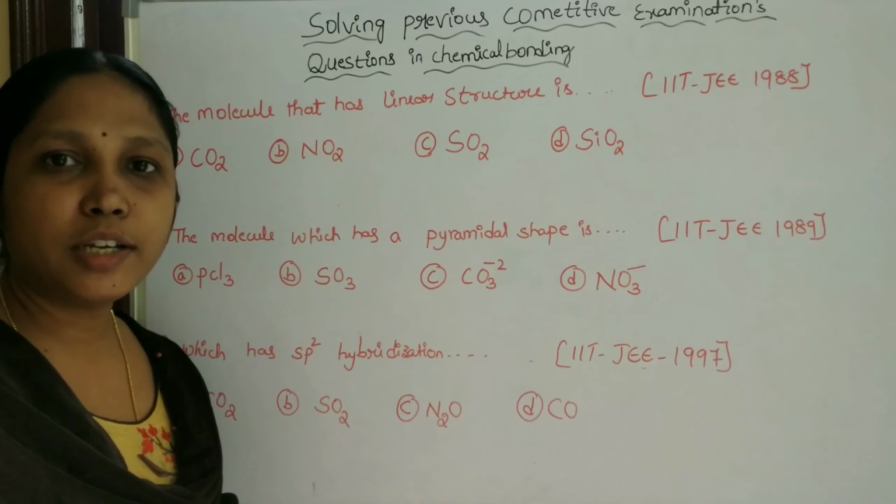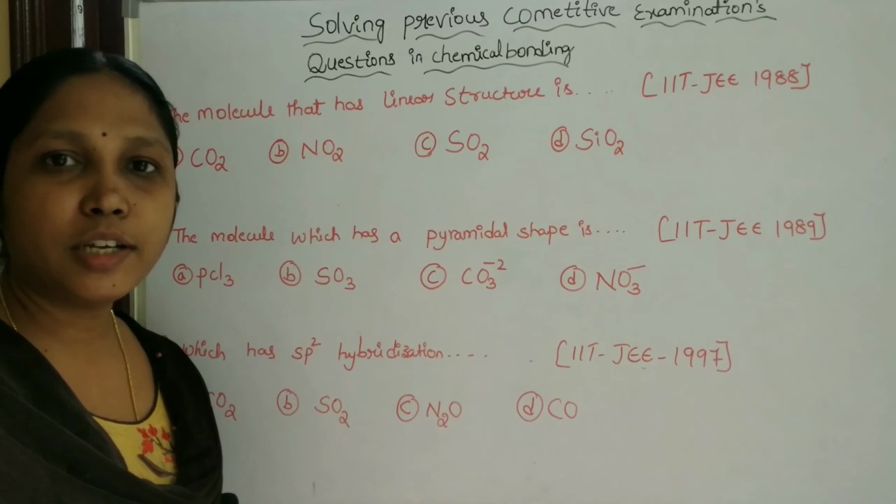If 3 bonds are there, sp2 hybridization: trigonal planar geometry and shape, with an angle of 120 degrees. Like that, how many sigma bonds are there? If sigma bonds are 2, sp; if 3, sp2; if 4, sp3.